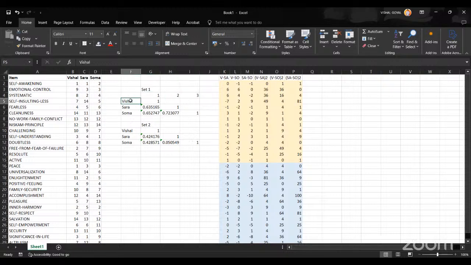Where is the cluster here? Because we were saying that it is cluster analysis. I just can't figure out where is the cluster in this data. That is 2 and 3. They are forming the first cluster, because it is 0.72.